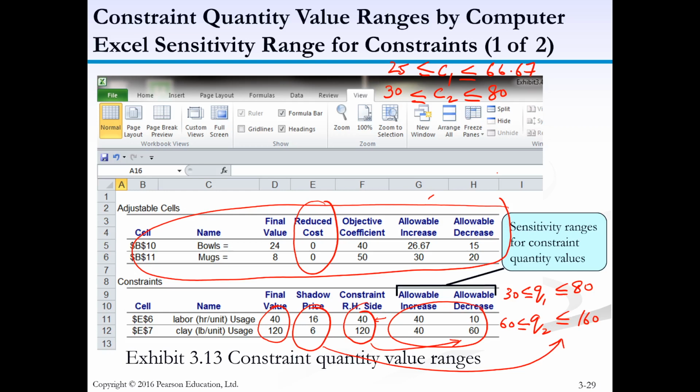Now at the moment, both the products, bowls and mugs, are in the solution mix. So how much profit should we increase? It is 0, because they are already in the solution mix. If any of them is not in the solution mix, then we will get a reduced cost. And this reduced cost will be negative for a maximization problem, and a positive value for a minimization problem.